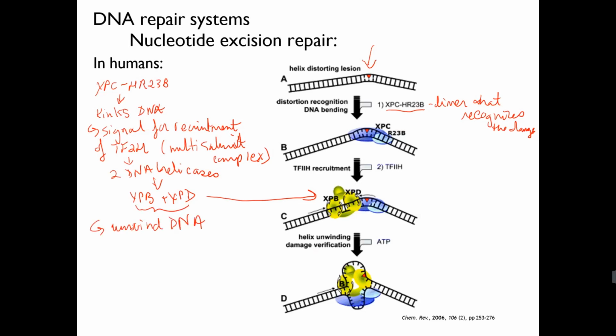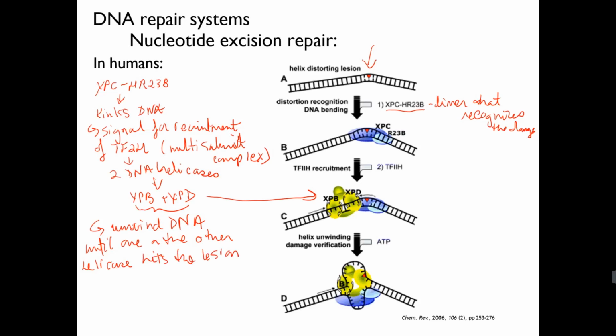And what happens at the helix unwinding stage is that the helicases will unwind until one or the other helicase hits the lesion.